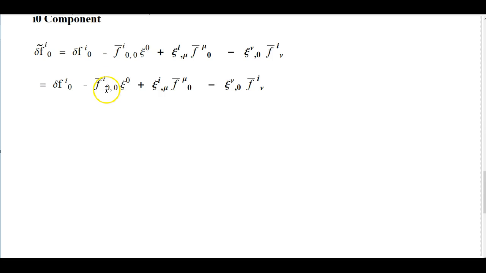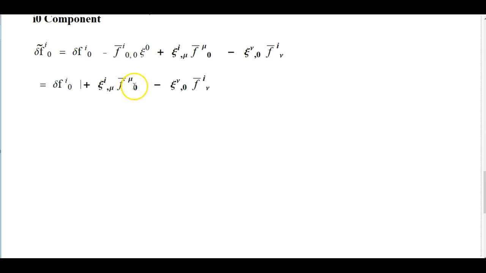So the I0 component will be 0 because F bar alpha beta is a diagonal matrix in the background space. So I goes from 1 to 3 and this is 0. So this component will be 0, so we can remove it.